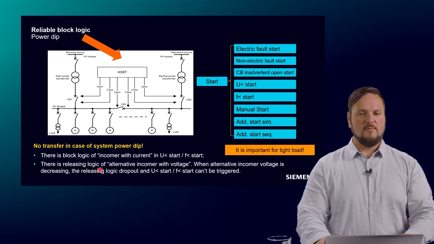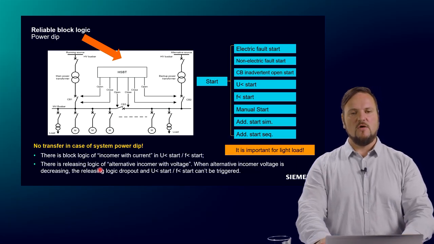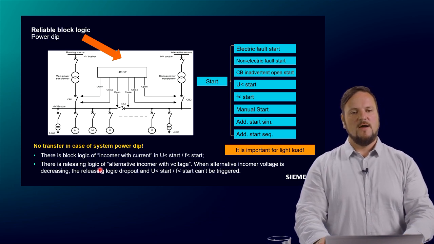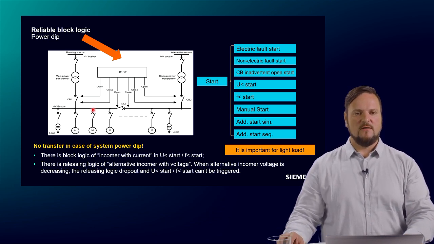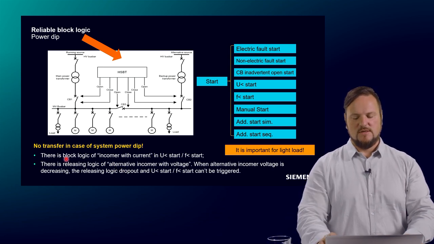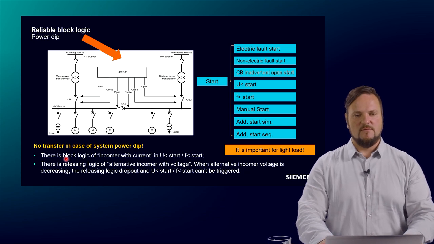So this is very important. If we have a very light load on the motor bus, then we do not want to transfer. In that case, if we have a light load here, we do not measure so much current here, and therefore, I would say the implementation of the release logic avoids an unexpected transfer.